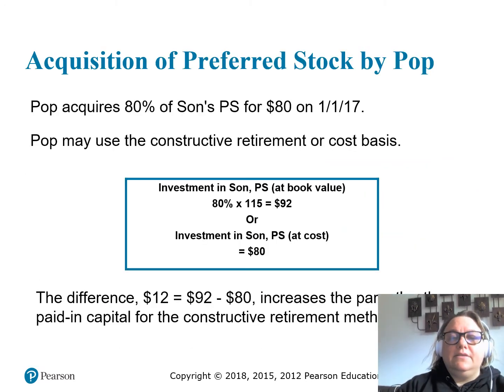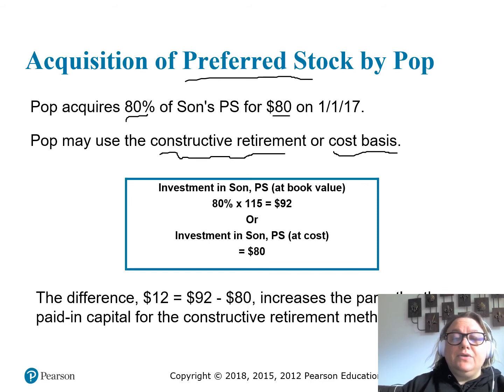Okay, so let's look at this Pop preferred by acquisition of preferred stock. So they acquire 80% and pay $80 for this. And we're going to revisit this constructive retirement. Hopefully you all are with this from that previous chapter, or they can use the cost basis.